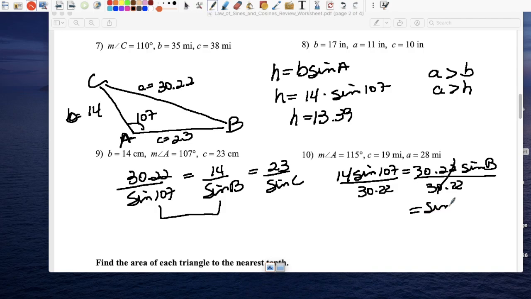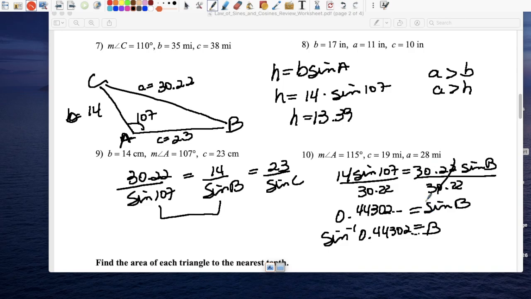And sine of B, let's get that number, 14 times sine of 107 over 30.22. That's going to give us this beautiful number, 0.44302, etc. Take the inverse, so sine inverse of 0.44302, right?